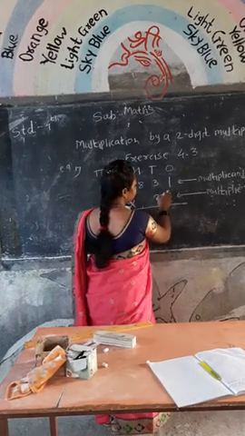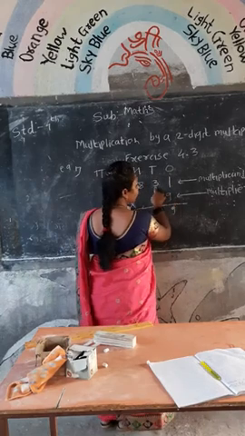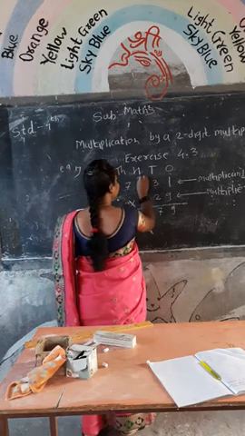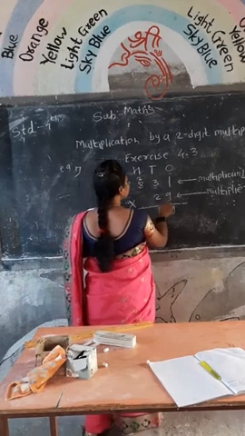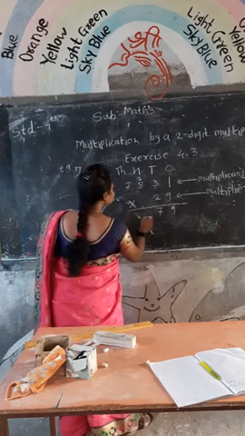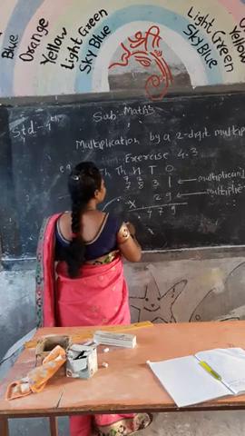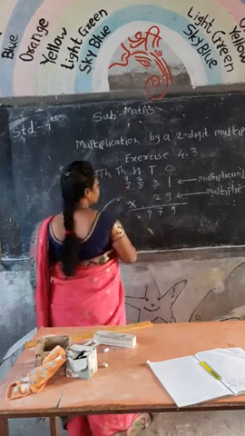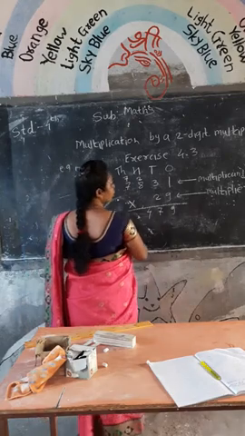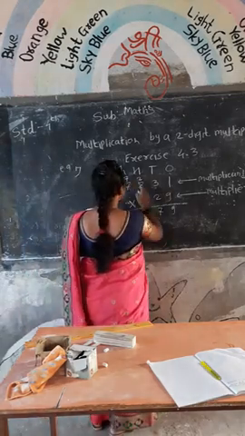Multiply with the multiplicand. 9 ones are 9. 9 threes are 27. 9 twos are 18. Carry 2 to the hundreds place. 9 eights are 72. 72 plus 2 is 74. Carry 7 to the thousands place. 9 sevens are 63. 63 plus 7 is 70.